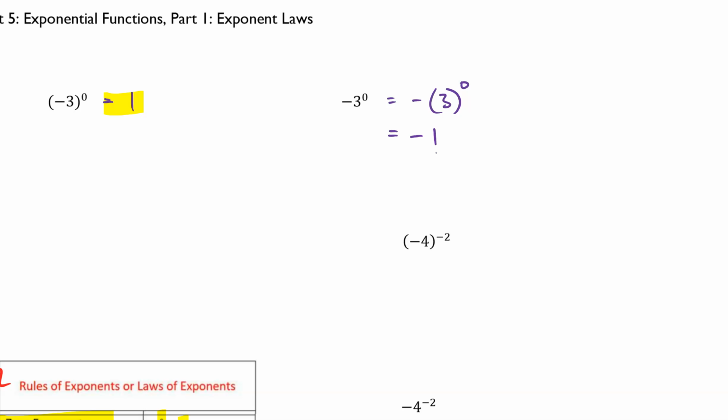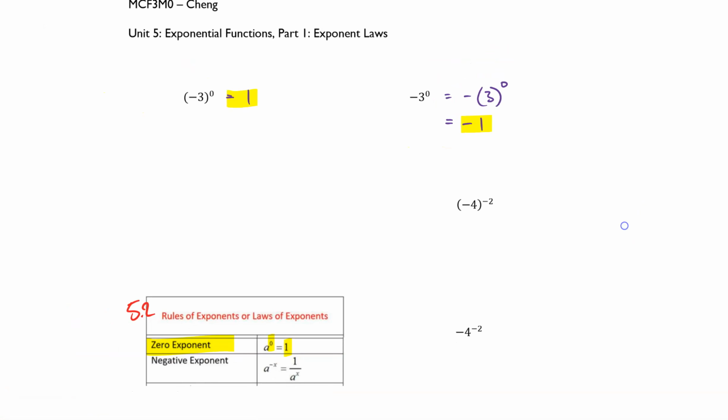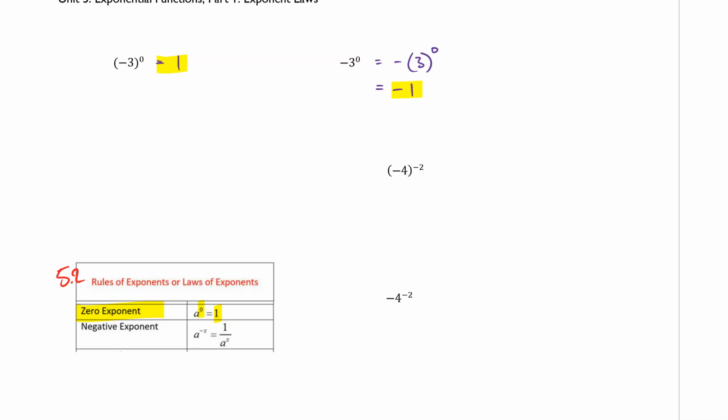So -3 in brackets to the exponent 0 is 1, but -3 with no brackets to the exponent 0 is actually negative, and then 3 to the exponent 0, which is -1. Understand the difference. That's all I need to say about the zero exponent. Just apply that to the rules. It should be straightforward.